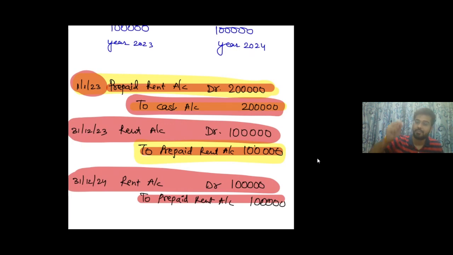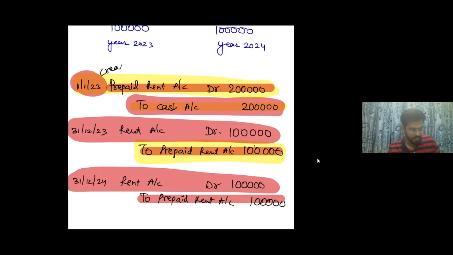So that is the whole accounting which we have done. We have created a prepaid and then we have released that prepaid. So that is called a prepaid release, because if I have paid in advance for something that needs to be adjusted in future, that needs to be released in future, and this is the release entry. So this I will show you.